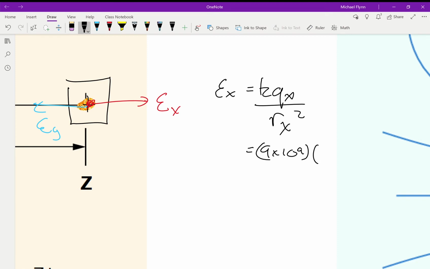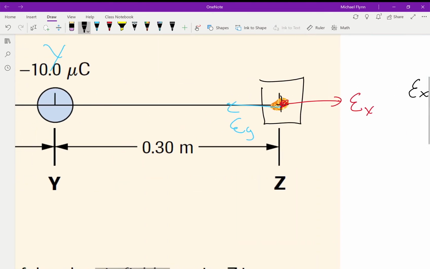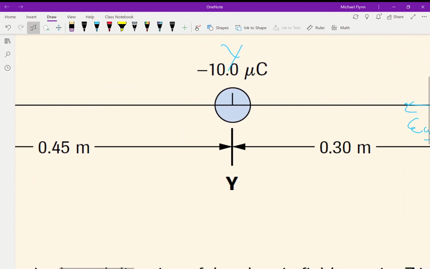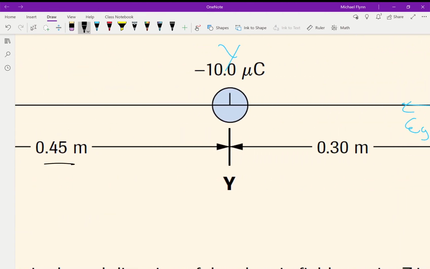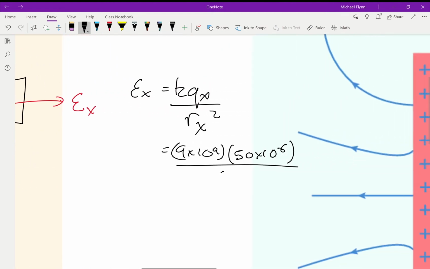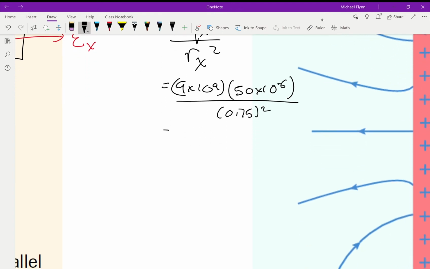The charge X was 50 microcoulombs, so 50 times 10 to the negative 6. The distance from my imaginary charge to charge X is the sum of 0.45 and 0.30, which adds up to 0.75. So I go 0.75 squared.